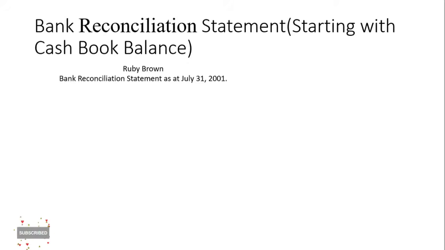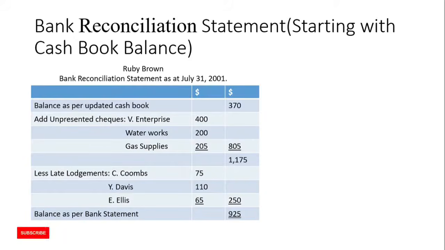Alright, now when making up the bank reconciliation statement, there are 2 ways to do it. You can start with the cash book balance, as well as you can start with the bank statement balance. So I'm going to show you how to start with the cash book balance, and the reason why it is important for you to know both ways is because on the exam they can ask you for either one of the 2. All right, so this is a bank reconciliation statement.